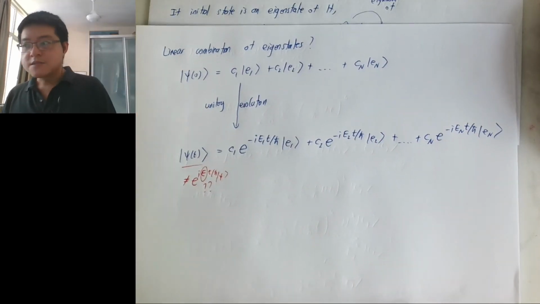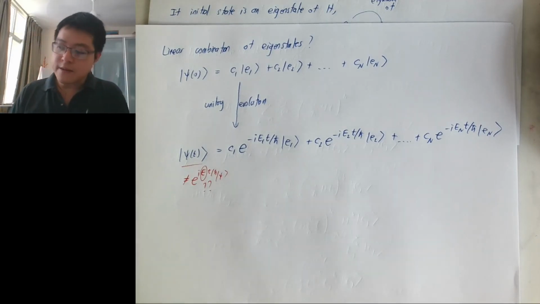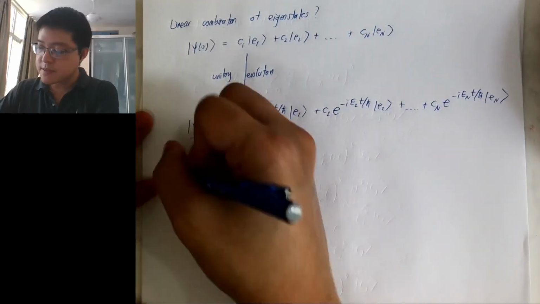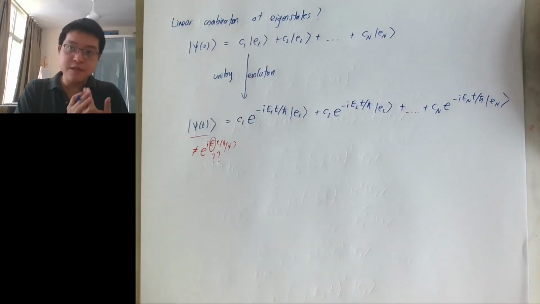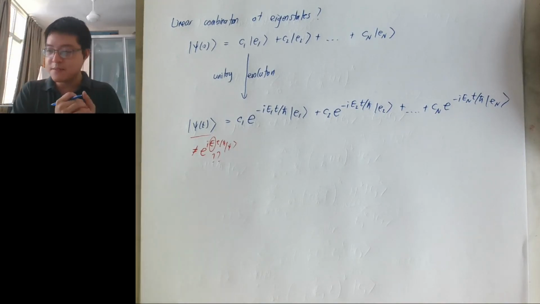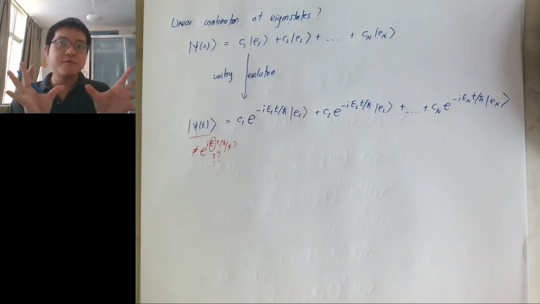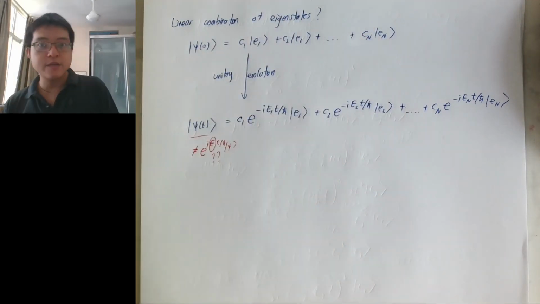Okay, so now back to the original question, or the title. We call the Hamiltonian the generator of time evolution. Notice that all this is because of the time evolution, which means the physical evolution of the system, and the physical evolution came from what? We derived this from the Schrödinger equation in the first place.